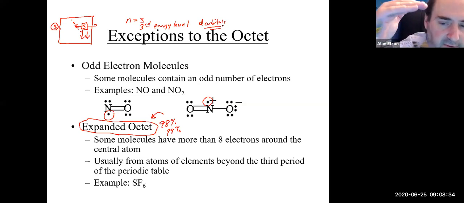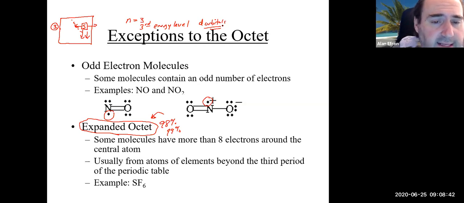So right there at sulfur and down, and a little bit to the right and left and down, they have those d orbitals available, even if they're not using them. That gives them a physical location, if you want to think about it, to stash some extra electrons. So to answer your question, elements around sulfur and down can go above 8.